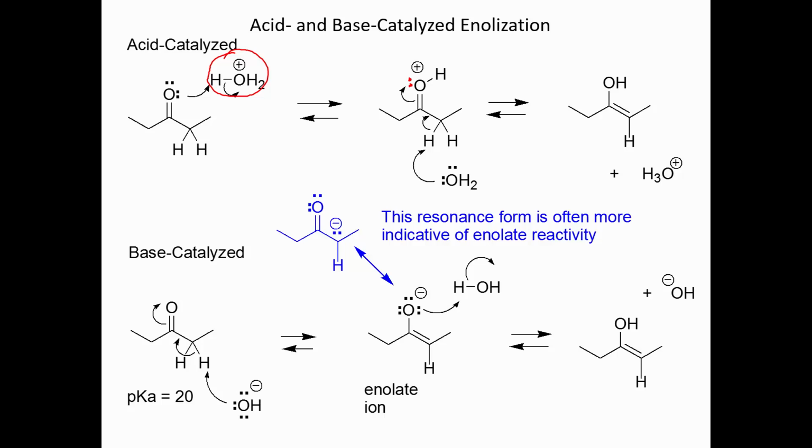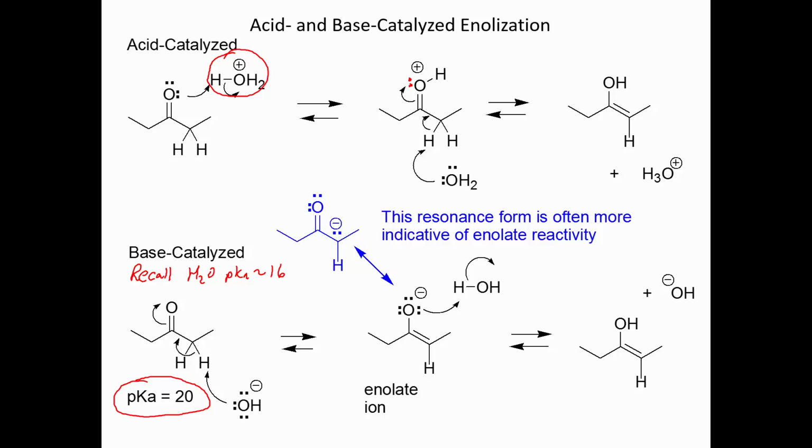Okay, base catalyzed. Here's what's happening. We're pulling off the alpha proton. How easy that process is is signified by its pKa value. Its pKa is about 20. Recall that water has a pKa of about 16.